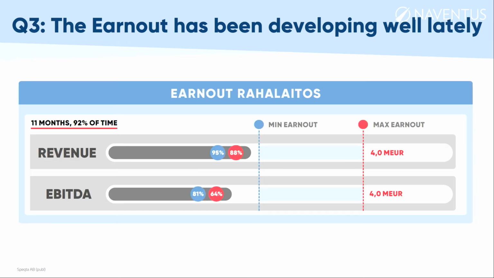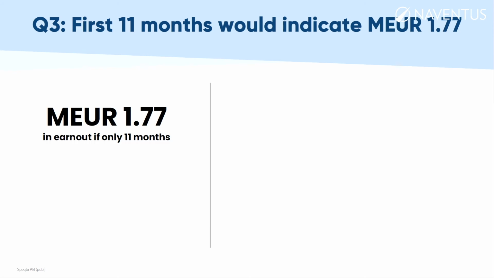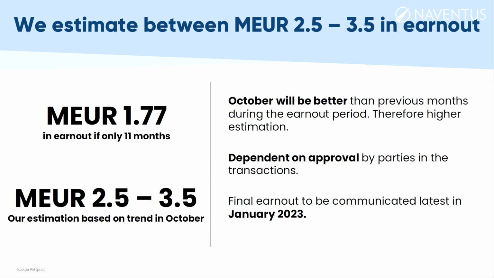And right now, we're at the end of this earnout. The preliminary forecast was around receiving another 1.75 million euros for this. But October has been doing really well, so our estimate right now is that we will receive another 2.5 to 3.5 million euros to put to our cash pool to use for developing BidBrain moving forward.